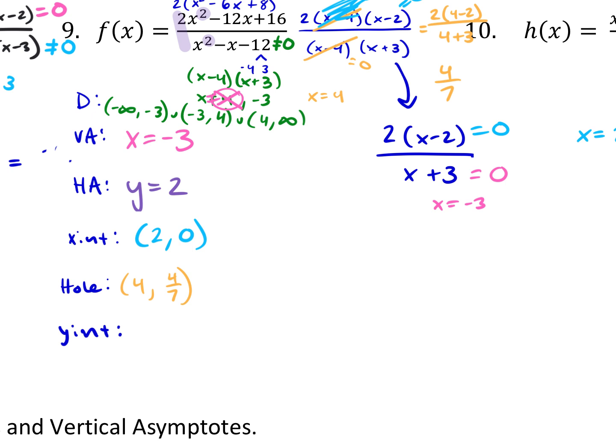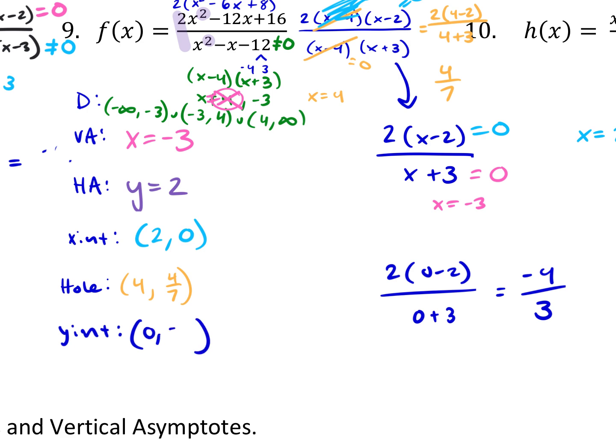So the original wouldn't be too hard either. So we have 2 times 0 minus 2 over 0 plus 3. So this would be negative 4 over 3. How would we write the y-intercept? 0, negative 4 over 3. Awesome.